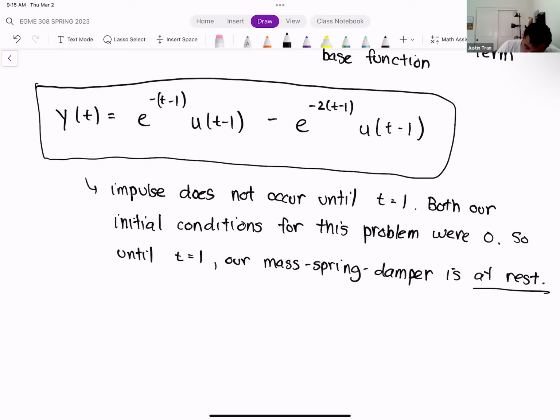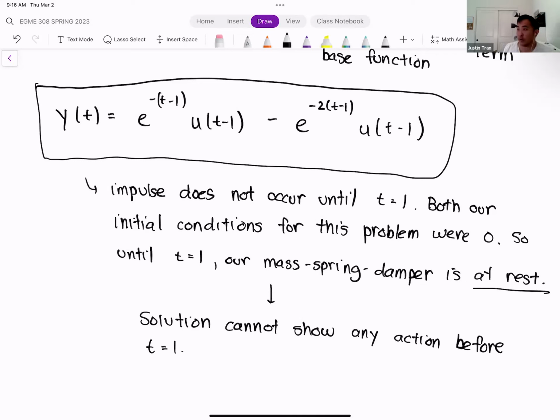And that's the reason why we have these step functions as part of the result. And remember, what the step functions are going to allow us to do is basically eliminate everything before t is equal to 1.